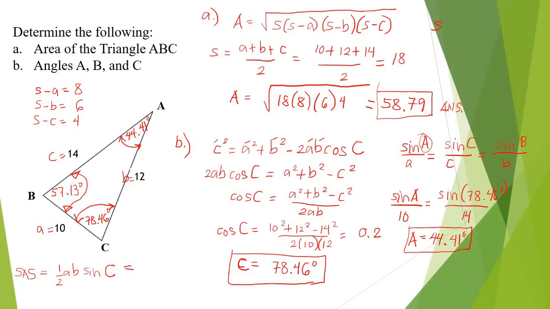Let's try to see if we will still have the same result. So we have 1/2 times A, which is 10, B is 12, and sine of 78.46 degrees.